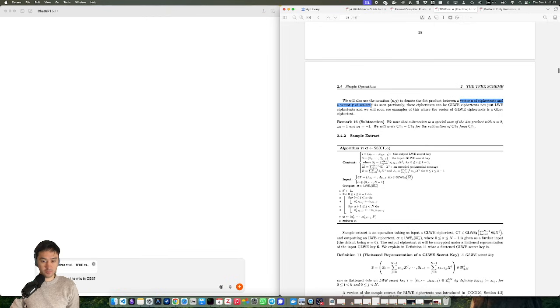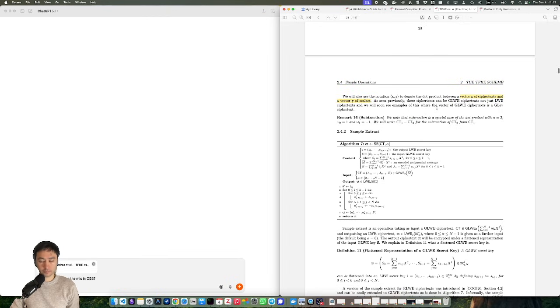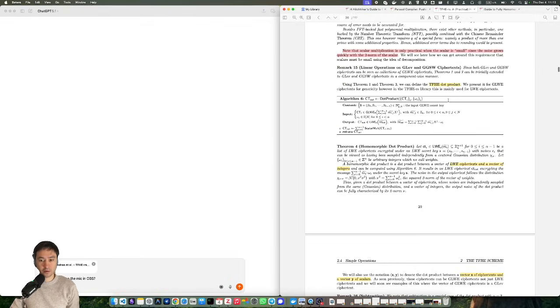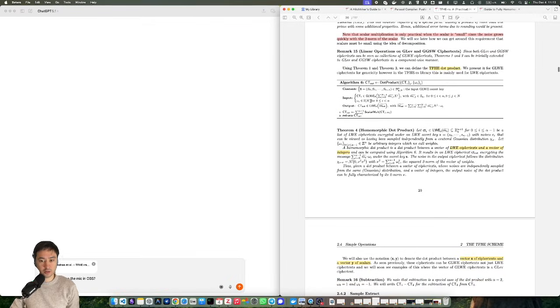Vector of ciphertext and vector of scalar. I guess they explained for LWE, GLWE, okay. Why is out in LWE? That's interesting. Oh, okay. Right. No, not right.